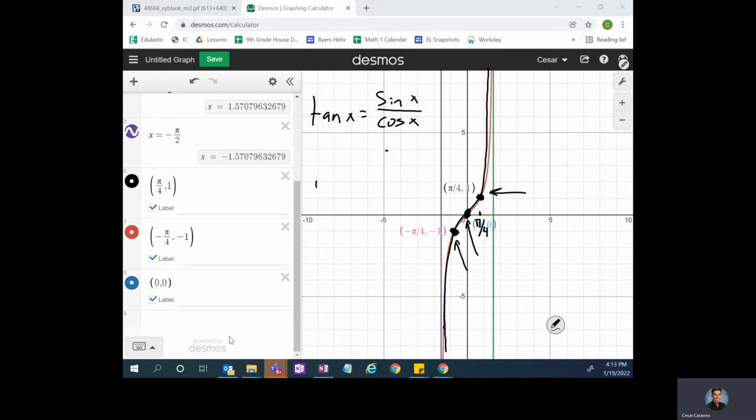The period for the parent function of tangent is pi. And this means that it usually ranges from negative pi over 2 to pi over 2. So using this information, we're now going to look at a problem where we will graph tangent with some transformations.